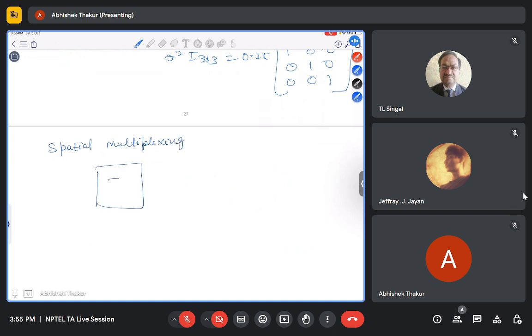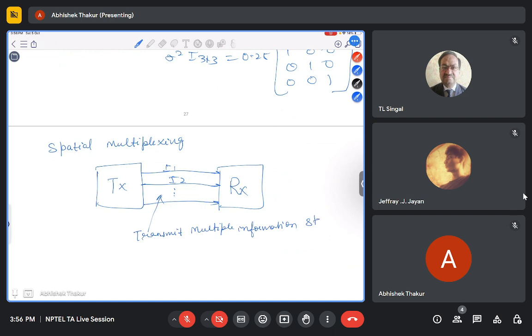Suppose this is our transmitter side on the base station and this is the receiver side on the user side. There are links I1, I2, like that. Here the transmitter can transmit multiple information streams in parallel. So this is known as spatial multiplexing.